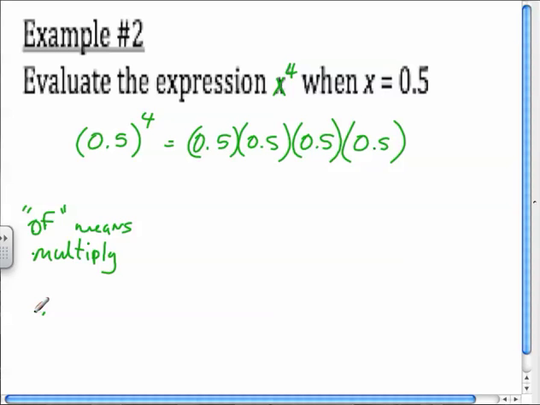They're getting smaller because I'm multiplying numbers that are less than 1. When I multiply numbers that are less than 1, the product gets smaller than the numbers I started with. Do you see that 0.5 is less than 1? It's not 1, right? So when I start multiplying, the product I get is going to be less than the factors.